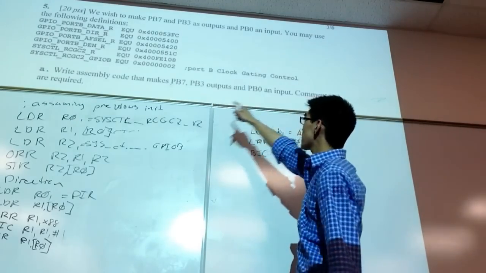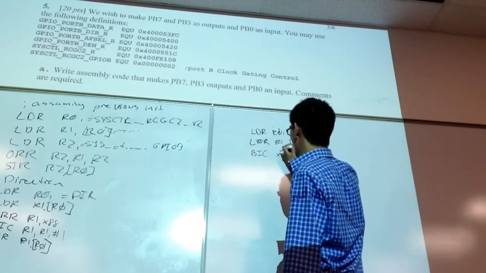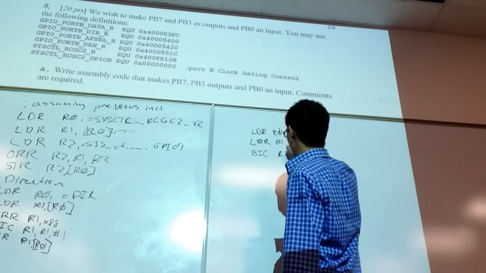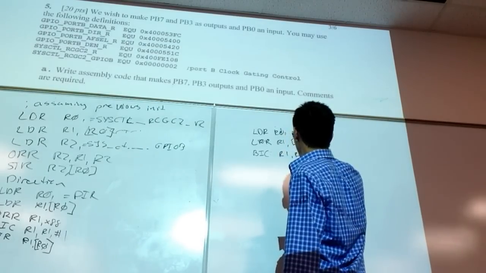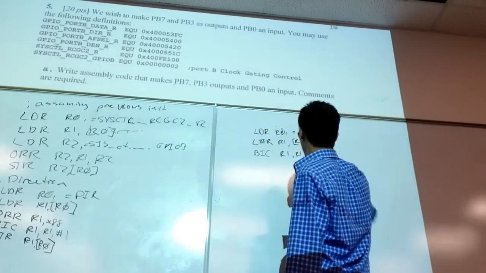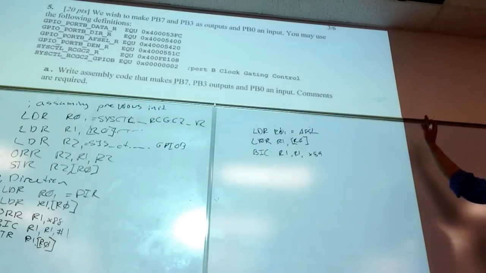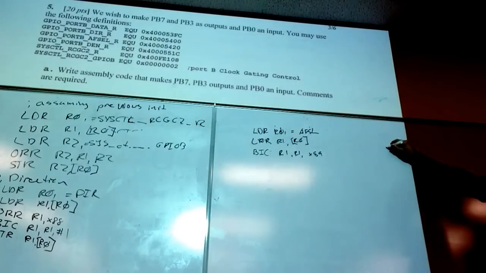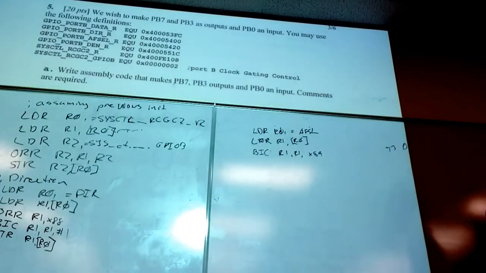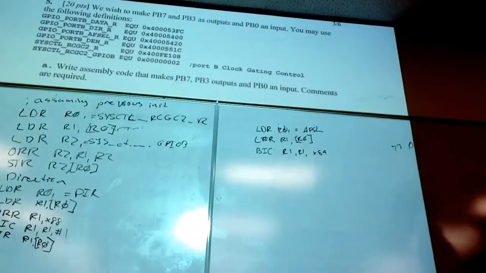I'm going to bit clear, not mask 88, but actually mask 89, because I want PE7, 3, and 0, the alternate selects for each of those, to be disabled. But it won't affect the other bits. Generally you don't want to affect other bits.